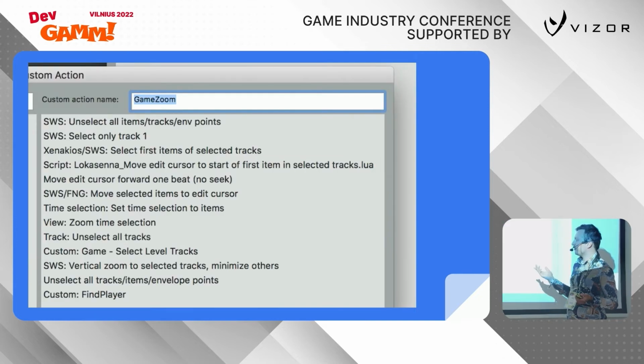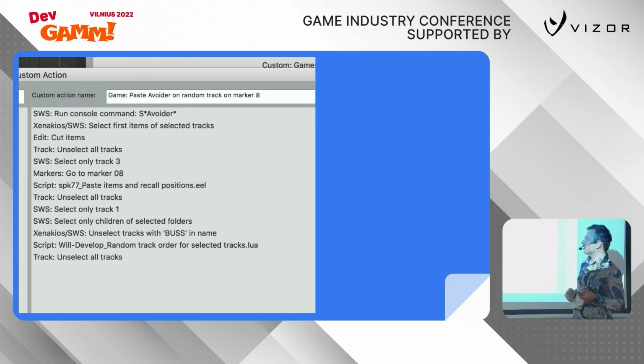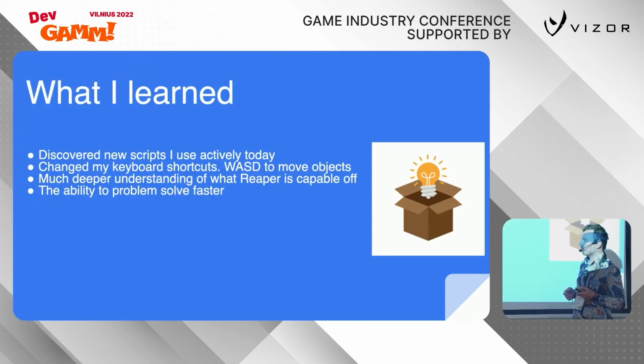And this is, for instance, the system of how it works with the game zoom and the side-scrolling thing. So it's a bunch of experiments that I did. They work together, and yeah, that's pretty much it from Reaper here.